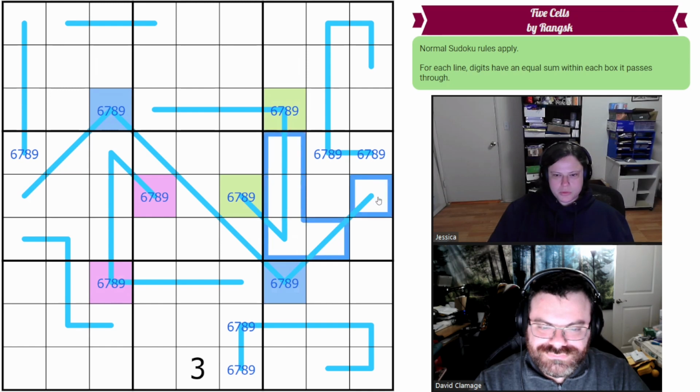So I know there has to be a 1 somewhere here. Does there have to be a 2 also? 9 and 8. Yes, there does. Is that interesting? There have to be a 1 and a 2 there.